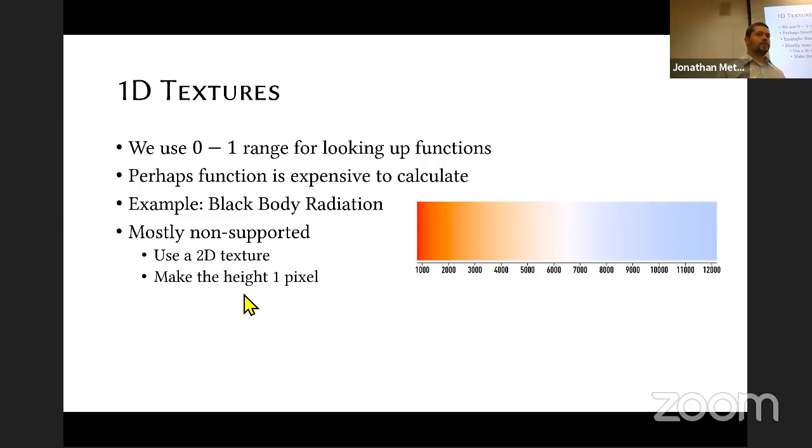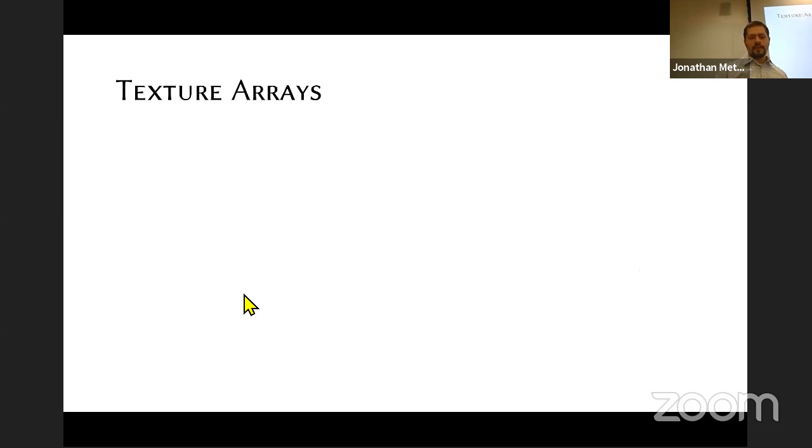This is useful if you're doing something like a reflectance function, where you might need to look up the incident angle and also the direction from the light source or something. You might have a two-dimensional texture for representing that. So this is one way of using those kinds of textures.